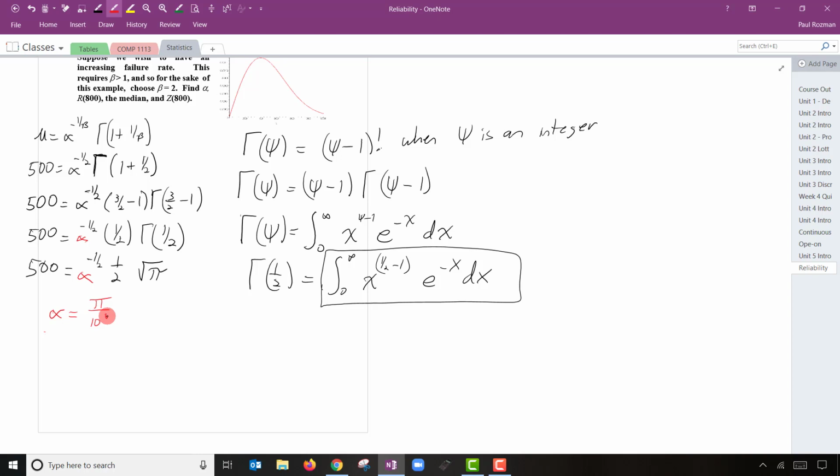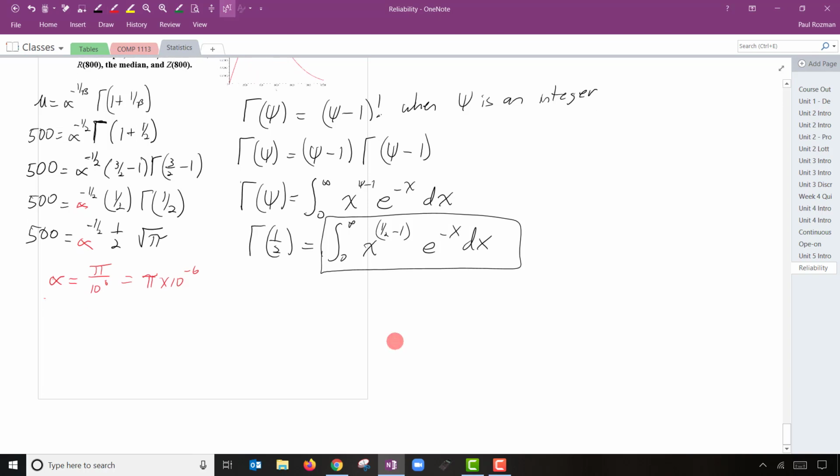So pi times 10 to the minus 6. Just solve this thing, move the stuff over to the other side and then square both sides. Oh, you have to do reciprocals and then square both sides, but I think you guys can handle that.